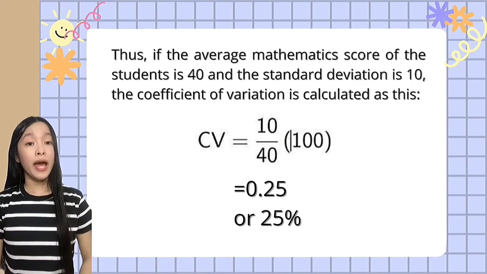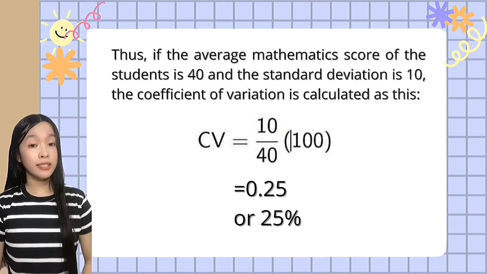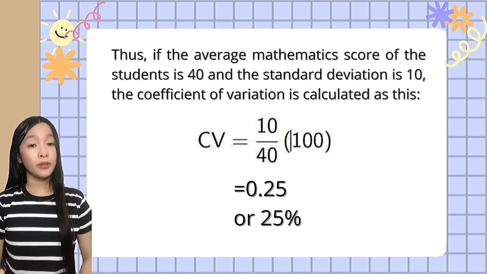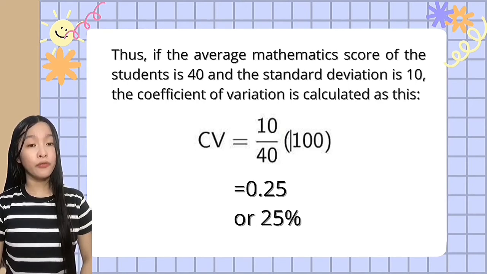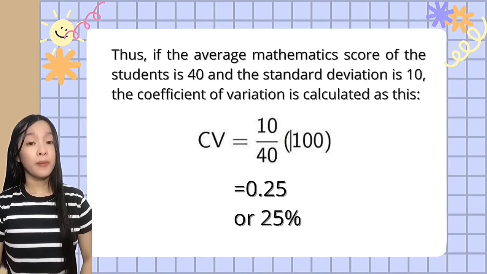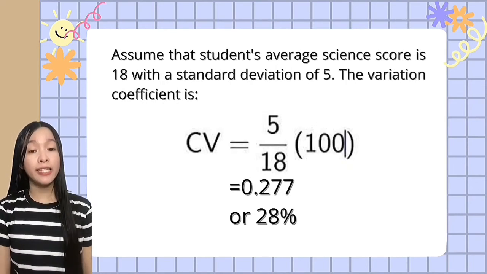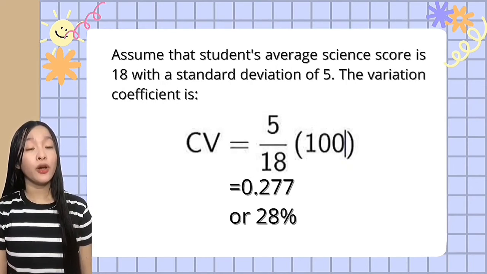Thus, if the average mathematics score of the students is 40 and the standard deviation is 10, the coefficient of variation is calculated as this. CV is equal to 10 over 40 times 100, which is equal to 0.25 or 25%. Assume that the students' average science score is 18 with a standard deviation of 5.